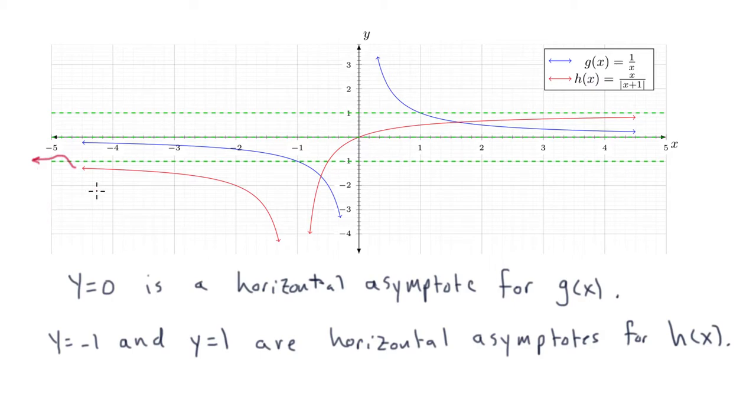That's perfectly fine. Functions can cross horizontal asymptotes. And actually you see here, these functions do cross some horizontal asymptotes there. But it's a good question. When we talk about vertical asymptotes, that will not be the case. Functions will not be able to cross vertical asymptotes.